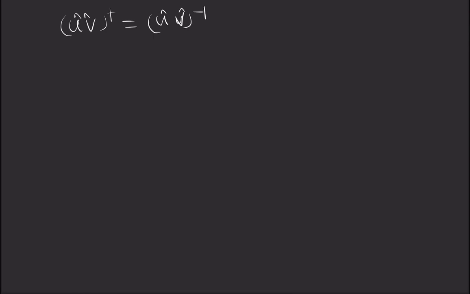And these results can be generalized to any number of operators. That means the product of any number of unitary operators is also unitary. That means if A, B, C, D and so on are unitary operators, then their product is also unitary.